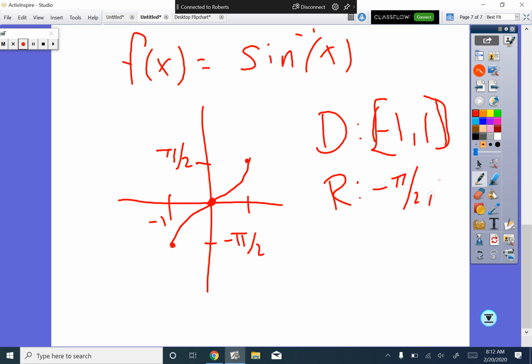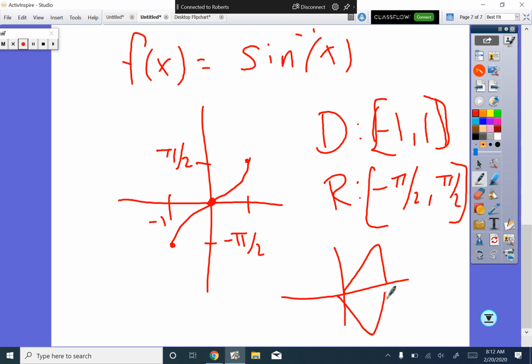That's why on your calculator, if you did the arc sine of a value, it'll always give you an angle in quadrant 1 or quadrant 4, because the angles come from negative pi halves to pi halves.